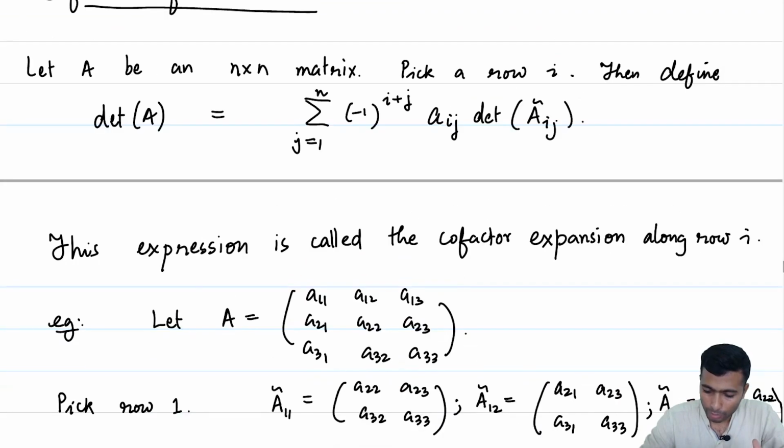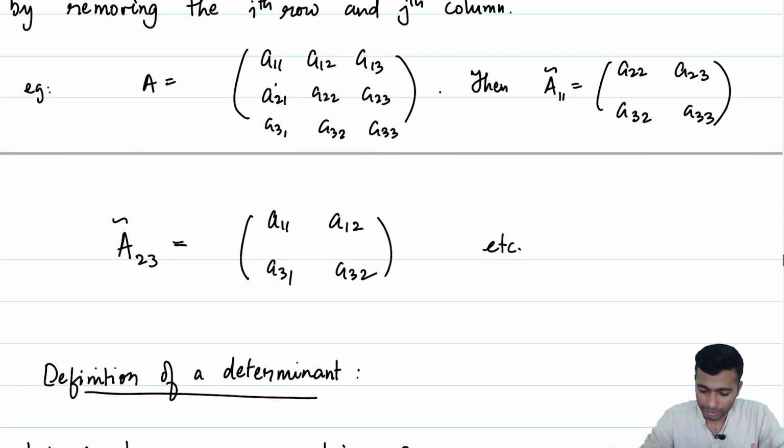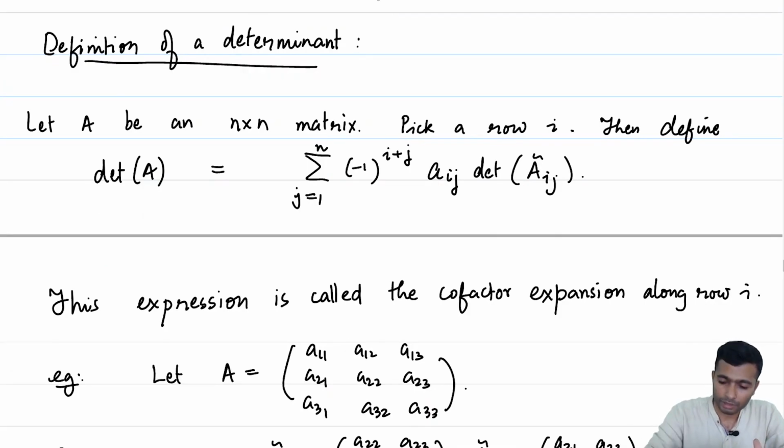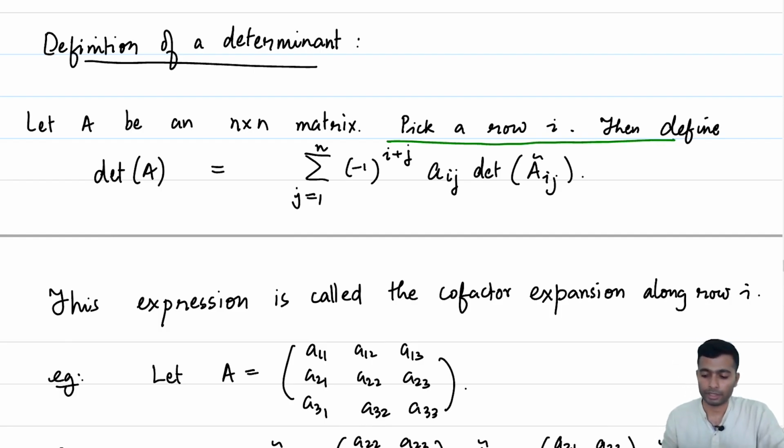make an observation about the definition of the determinant. As you can see, we have made a choice of the row along which we are looking at the cofactor expansion to define the determinant of A. It is true that this choice does not matter. So, what if we pick say row 1 and get a number and row 3 get another number?